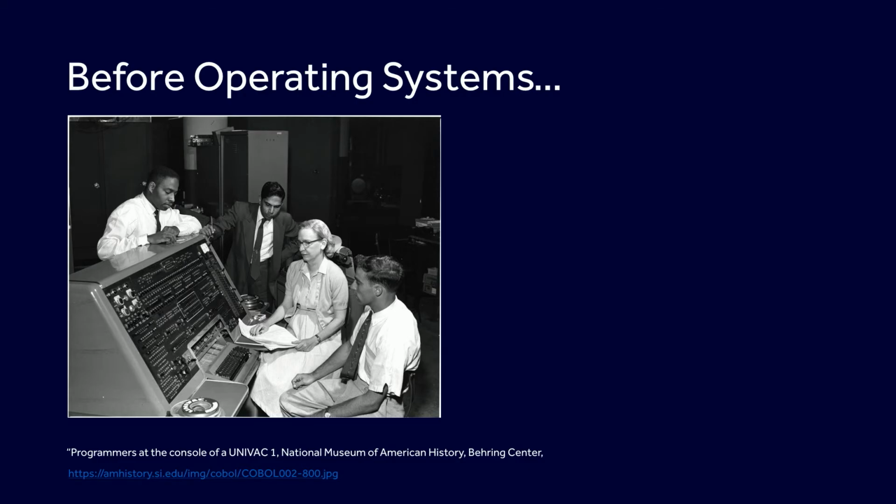Of course, early computers didn't have operating systems at all. And this picture, which shows Grace Hopper, one of the most famous programmers of all time, sitting at the terminal of Univac, which was an early computer system. I talked about it in previous lectures, actually.